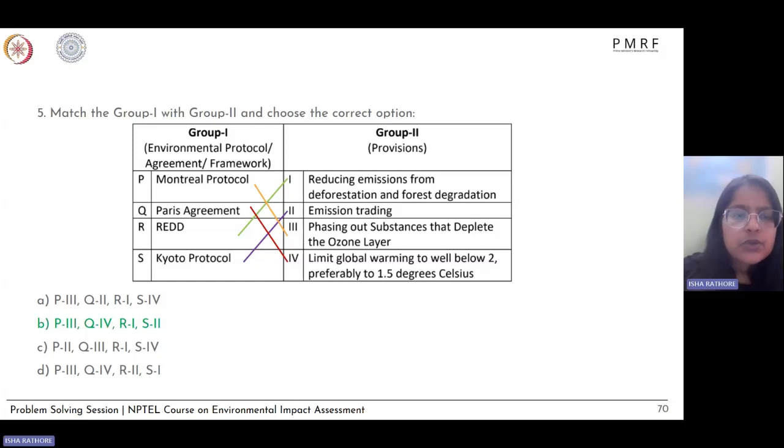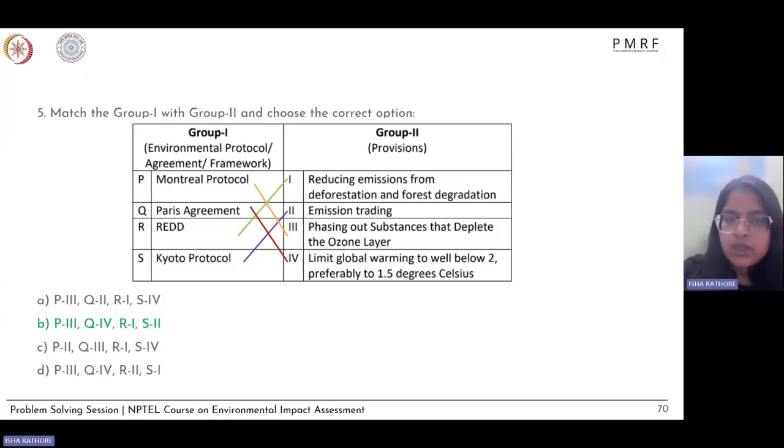So Q matches with 4. Then REDD is for reducing emissions from deforestation and forest degradation. So R matches with 1. And the Kyoto Protocol provides an alternative in the form of emission trading. So S matches with 2. So the correct answer is P matches with 3, Q matches with 4, R matches with 1, and S matches with 2.